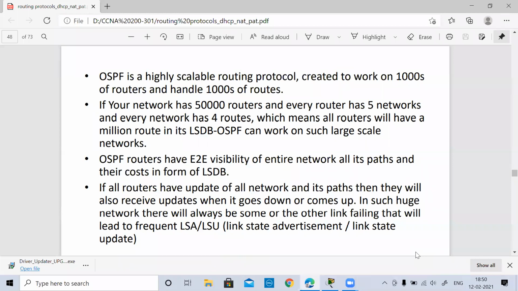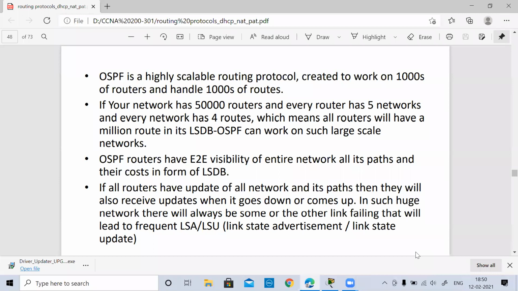As we mentioned, OSPF is very nice to use for highly scalable networks. Let's say we want to create a network which has thousands of routers and handles thousands of routes. If your network has 50,000 routers, every router has 5 networks and every network has 4 routes, the routers will have millions of routes in their link state database.